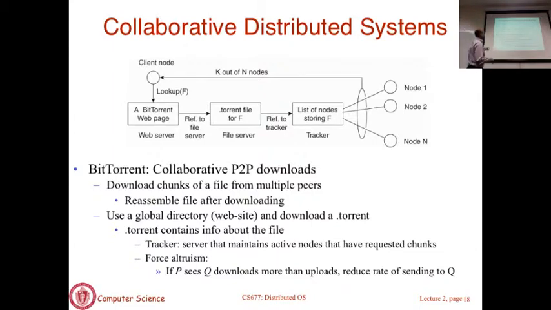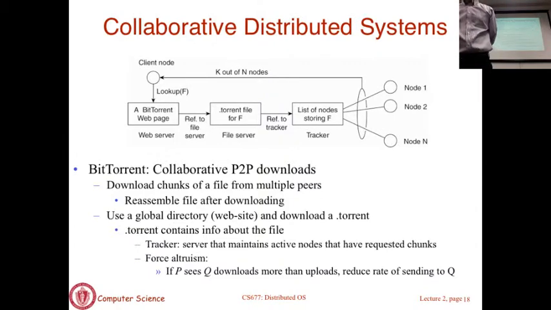Okay? So what the torrent file basically has is information which points to a machine called a tracker. Okay? Essentially it says if you want to download this file, you go to this machine called a tracker. The tracker machine, which is shown here, keeps track of which nodes in the system currently hold a copy of that content.